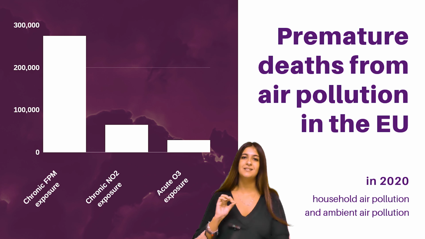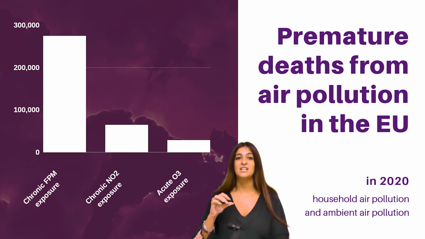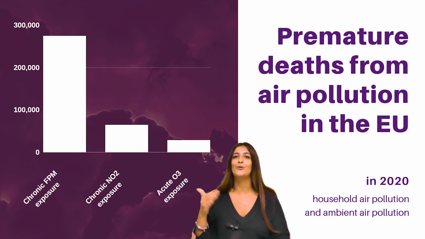Air pollution stems from various sources, including heating and cooking, tobacco smoke, combustion from transportation, power generation and industry, agriculture, and wildfires. The World Health Organization categorizes air pollution in two main types: household air pollution, which relates to indoor air quality, and ambient air pollution, concerning the quality of outdoor air.